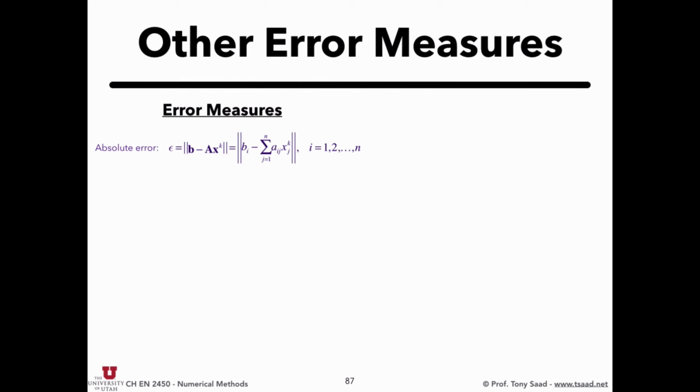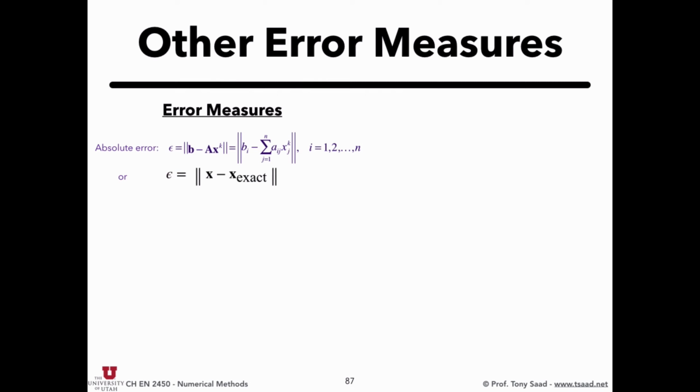Now, what if you have an exact solution? If you have an exact solution, remember we said, if you know the true solution, you don't need to evaluate an error. It doesn't make sense, right? However, as you develop numerical methods, you want to test your numerical method against systems that you know the answer to. So in that case, you know the exact solution.